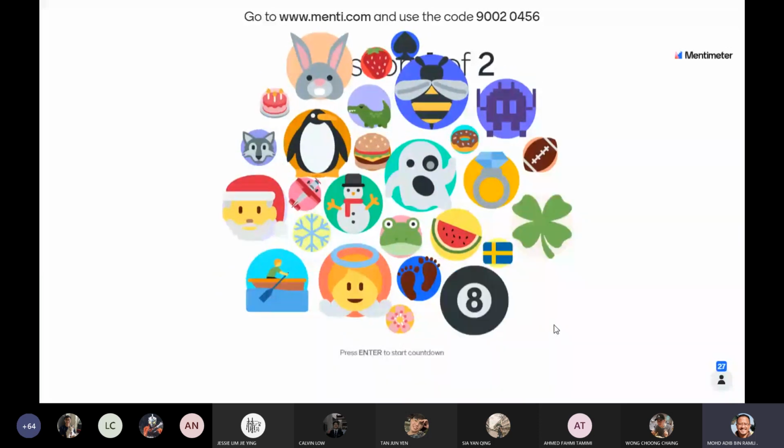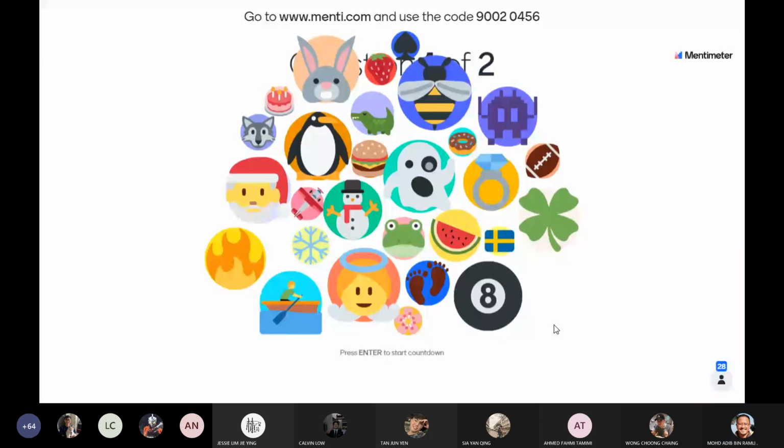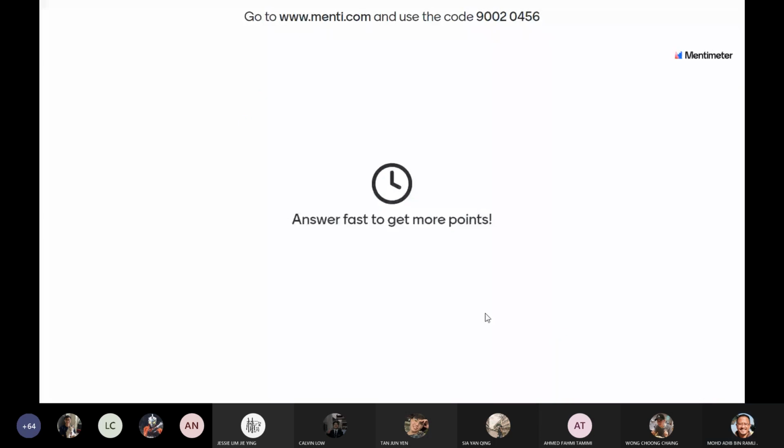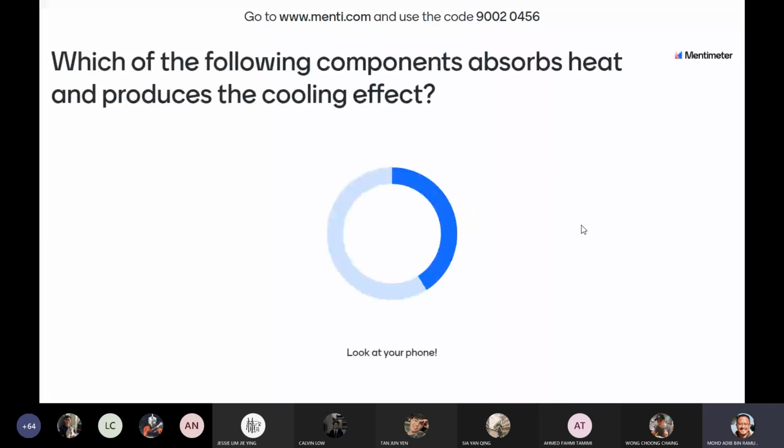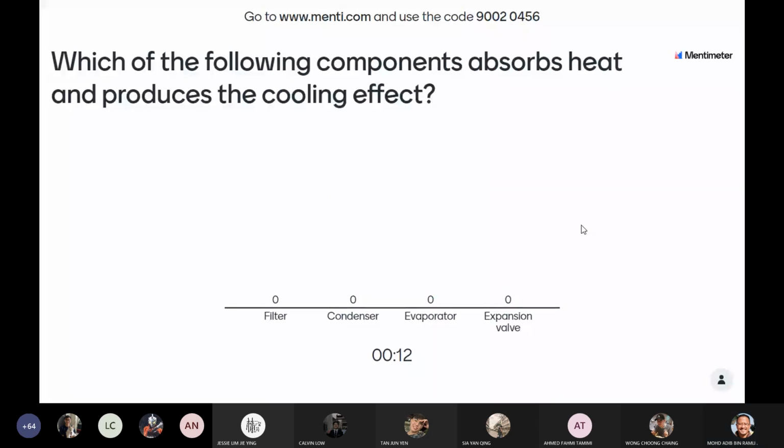Okay, let's look at the first question. Which of the following components absorbs heat and produces the cooling effect in an air conditioning system? Don't wait to see your friends' answers.